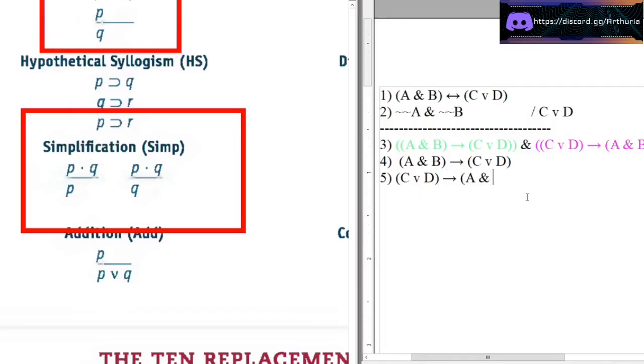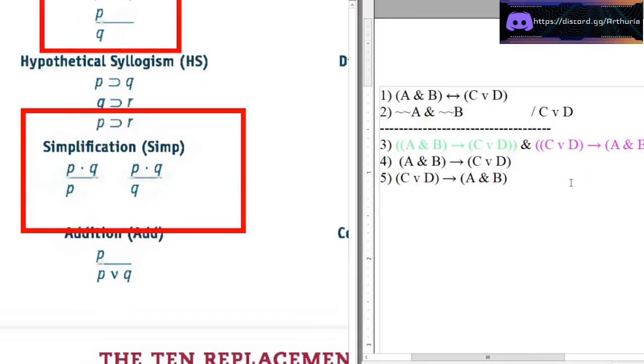A and B. Again, remembering that this is an arrow going both ways, it makes sense that we have the arrow going from A and B to C or D, and we also have the arrow of C or D going to A and B. Again, for if and only if to be true, if one of them is true, then the other one has to be true. So we get these two statements.